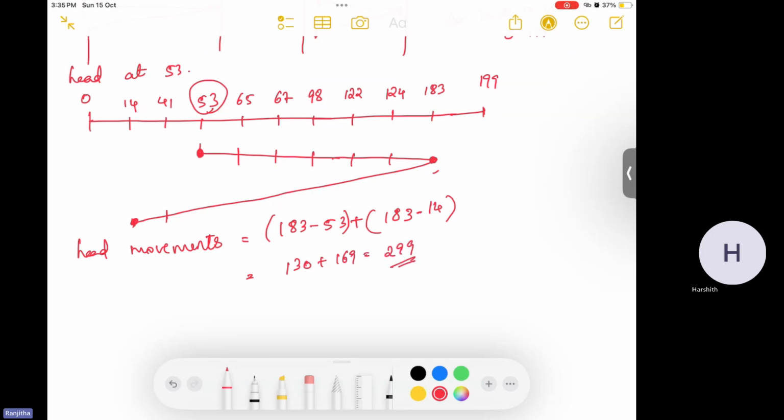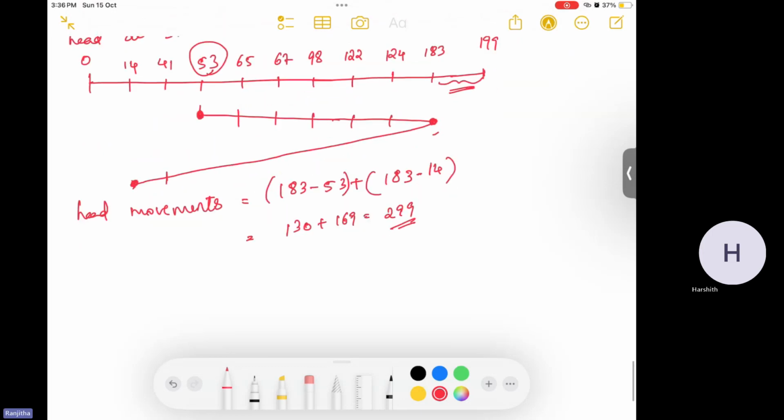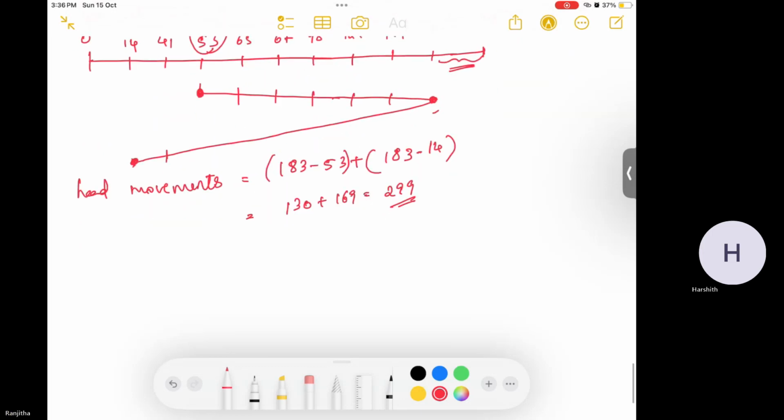This number is better than SCAN, because in SCAN we were traversing this additional distance also. That is less for LOOK, because we are only going till the rightmost point from where we need to read. We're not going all the way till the highest end point. Okay, so this is about LOOK.